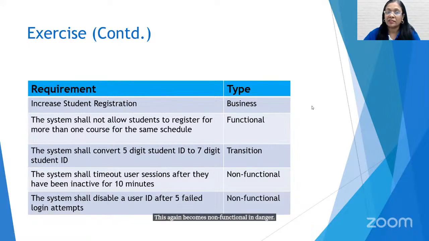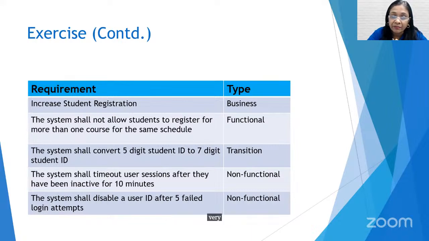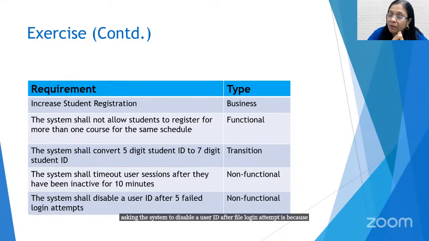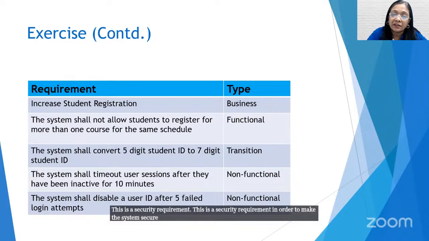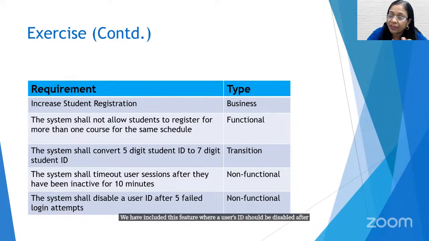For people who are thinking why this is non-functional in nature, let me tell you, if you read this requirement very carefully, why are we asking the system to disable a user ID after 5 login attempts is because this is a security requirement. In order to make the system secure, we have included this feature where a user's ID should be disabled after 5 failed login attempts.